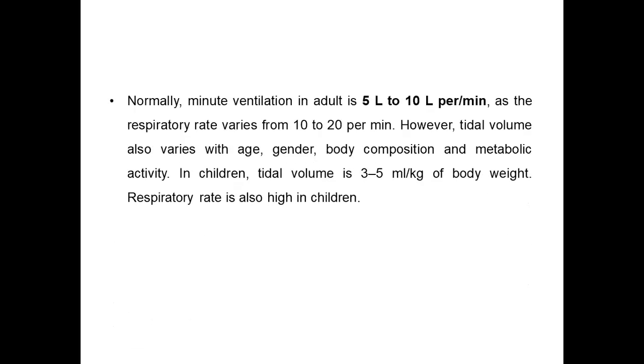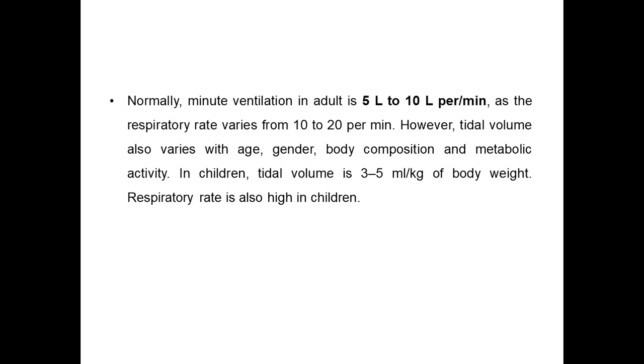Now, normally the range of minute ventilation is around 5 liters to 10 liters per minute, as the respiratory rate most of the time varies from 10 to 20 per minute. So it depends on both the tidal volume and the respiratory rate. However, the tidal volume generally varies with age. It also differs with gender, body composition, and metabolic activity.